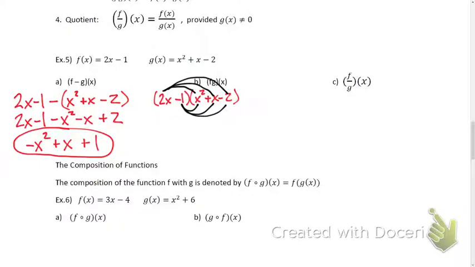So go slow. Remember when we multiply with exponents, we add the exponents. Because there's really a 1 right there. All right, so be careful with that.